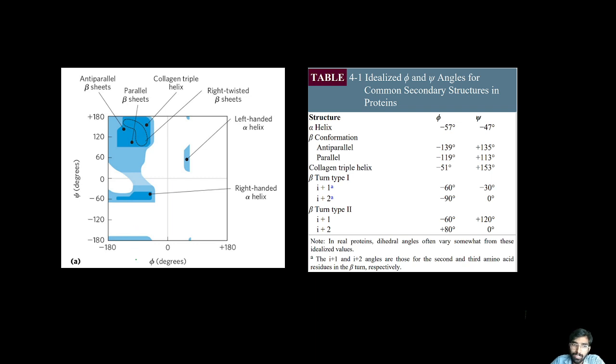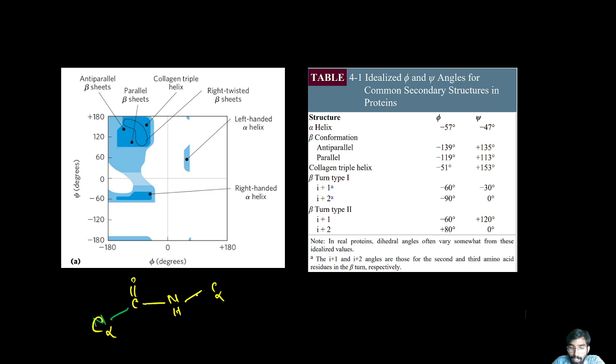This is the Ramachandran plot, as we discussed yesterday. Here, for phi and psi, I will give you a reminder. So this is C alpha, then C O, N H, again C alpha.